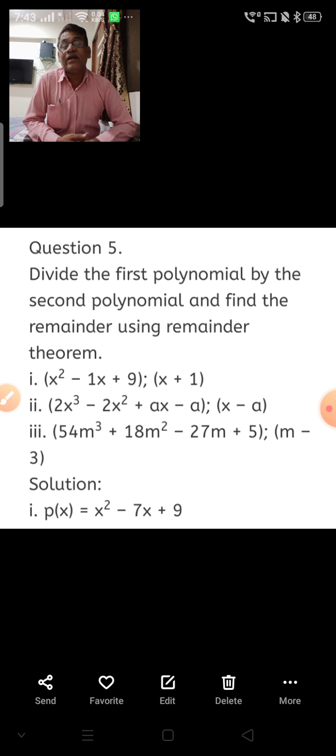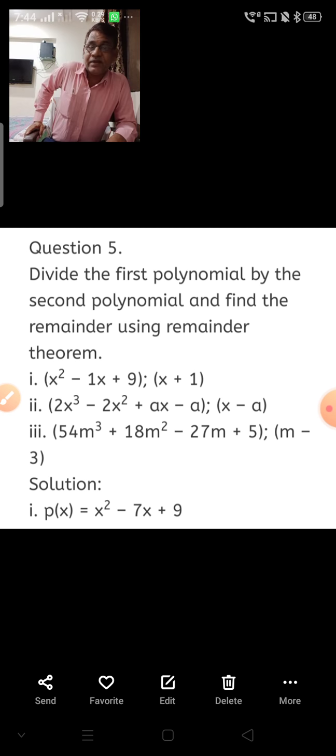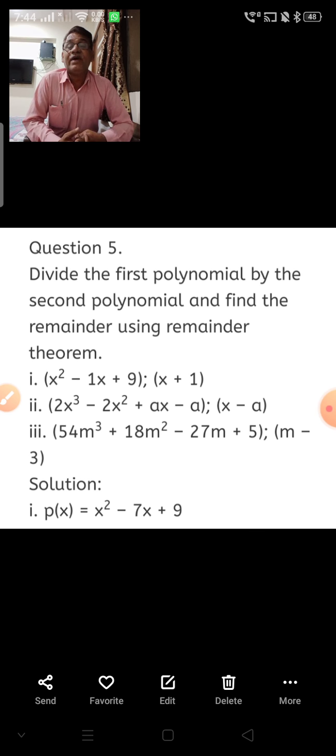The second is 2x cube minus 2x square plus ax minus a divided by x minus a. The third is 54m cube plus 18m square minus 27m plus 5 divided by m minus 3. In these three questions, you have to find the remainder using the remainder theorem, not by direct division.